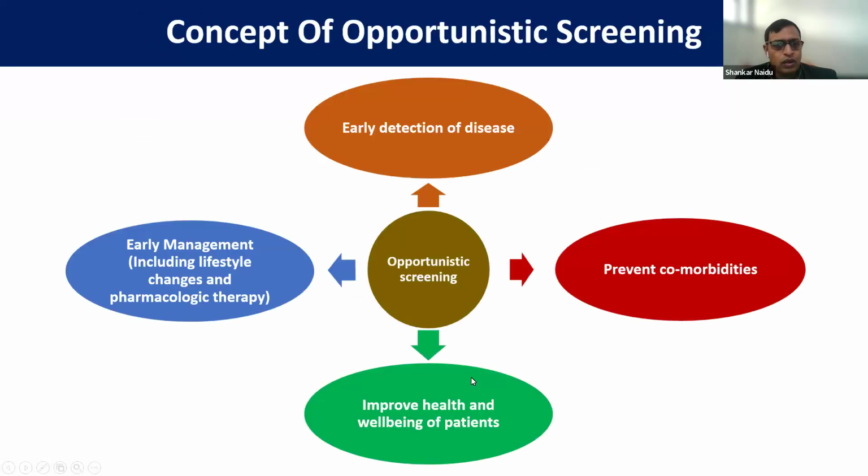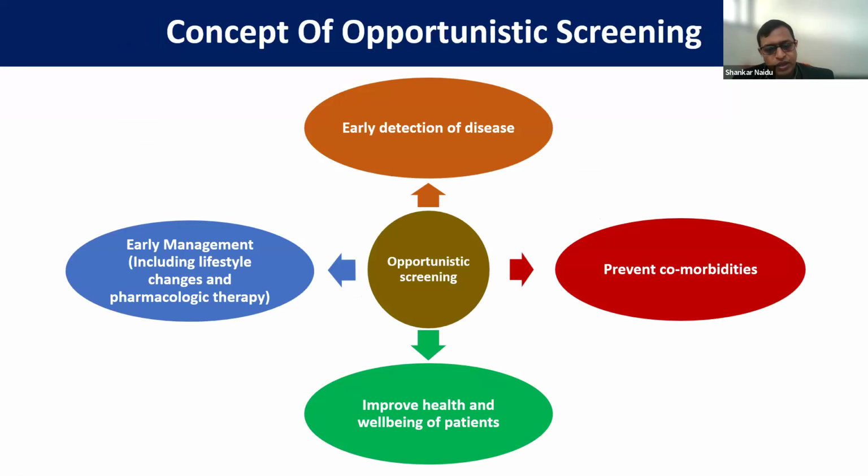For detecting various non-communicable diseases, there is a concept called opportunistic screening. What we mean by opportunistic screening is that we try to screen for various non-communicable diseases in patients who are presenting to us for any reason.